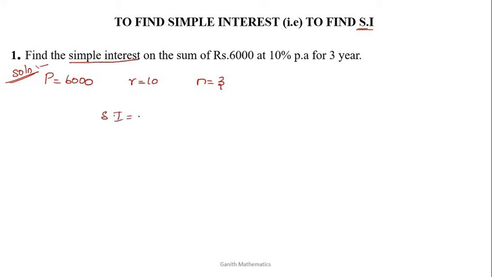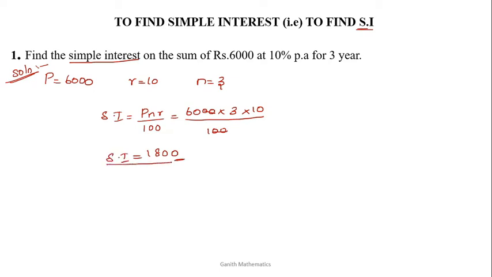Simple interest is equal to PNR by 100. So P is 6,000, N is 3 and R is 10, divided by 100. These two zeros will get cancelled. 6 3s are 18, so 1,800. The simple interest amount is 1,800. So he is going to pay 1,800 additional to the lender.